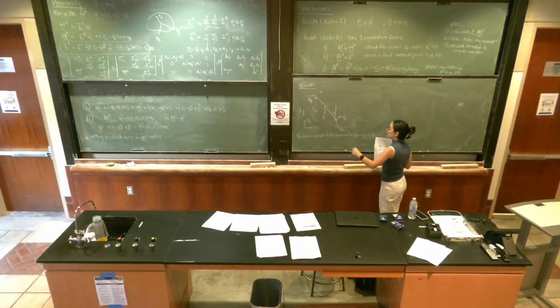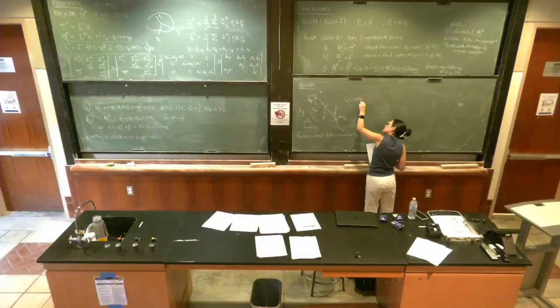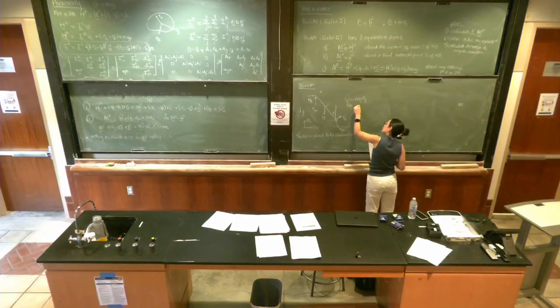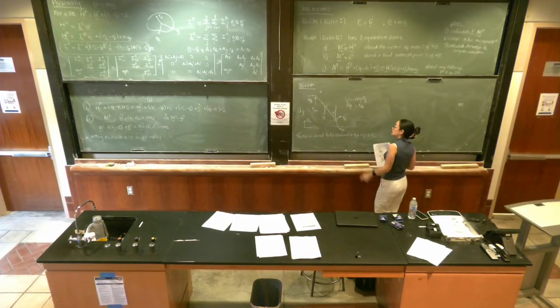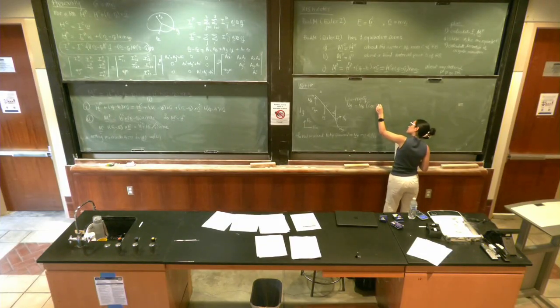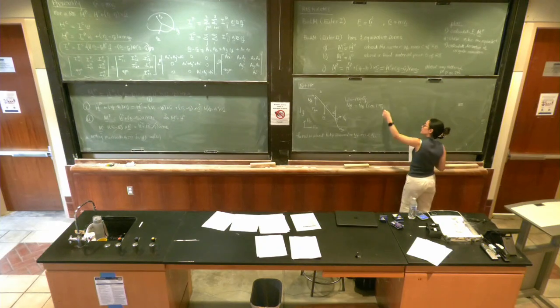So the weight is minus mg ey. The normal force at B is some unknown quantity which we need to determine, but we know its direction. Cosine 7 ey minus sine 7 gives you this.